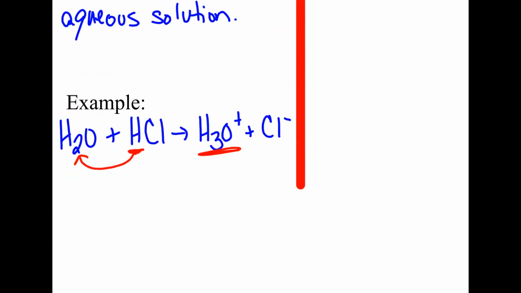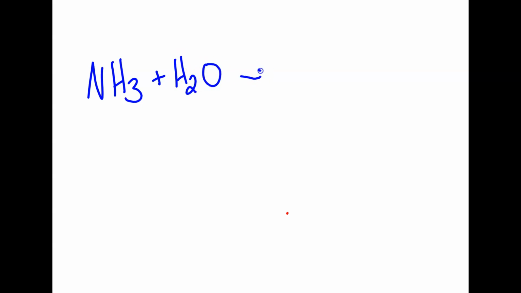Ammonia, you should know, has the formula NH3. So what would happen if NH3 reacted with water? Let's go ahead and draw the Lewis electron diagram for NH3. You should remember that ammonia is polar because it has this lopsided shape to it.